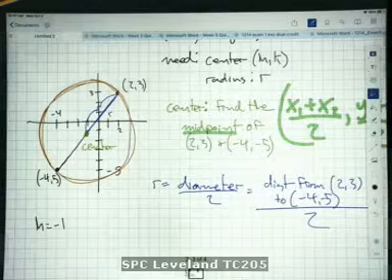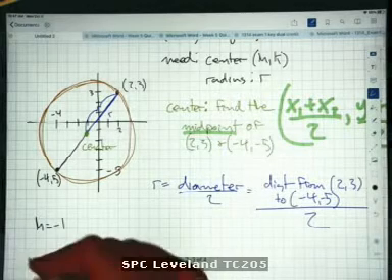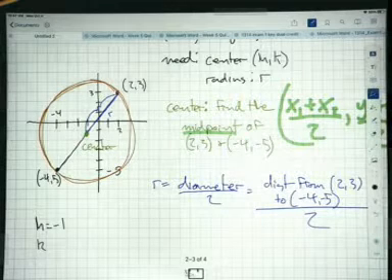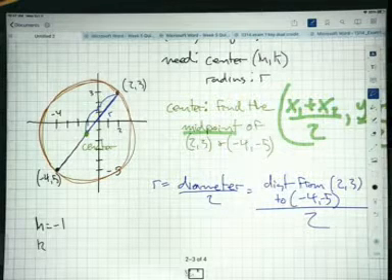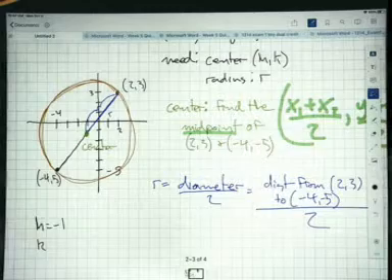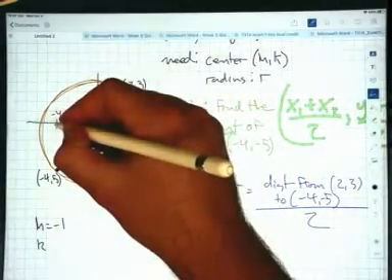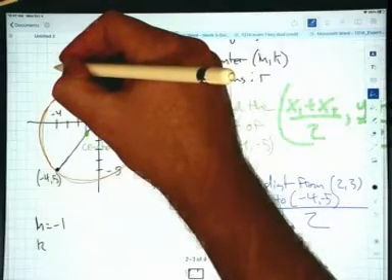-4 and 4? For H and K? No. Think about it. -4 and 4, that would be up here.